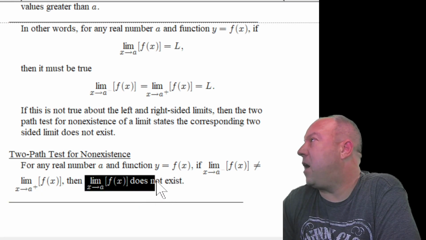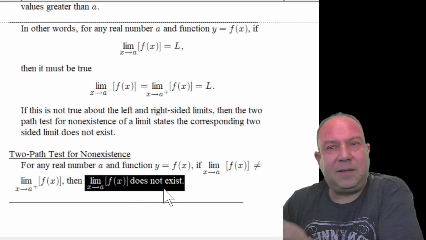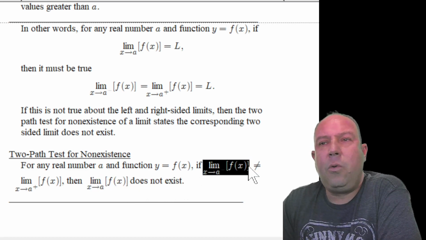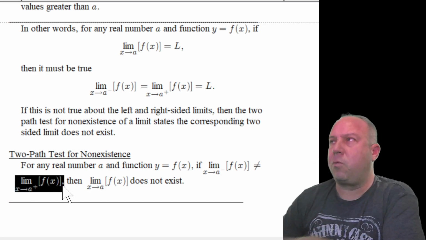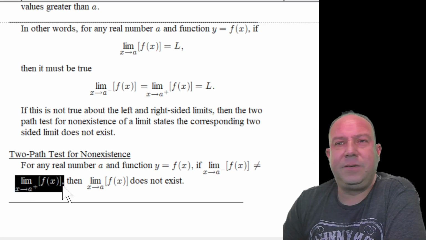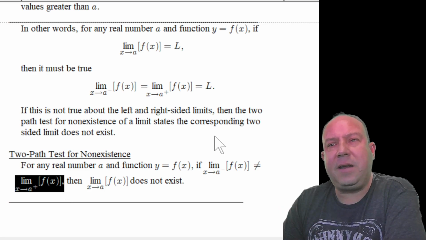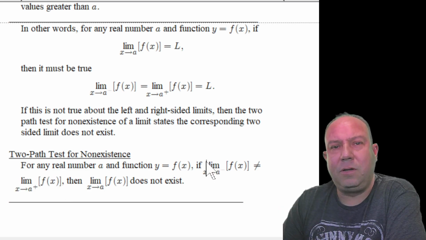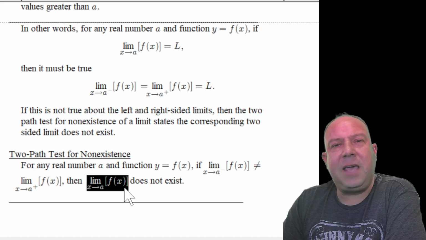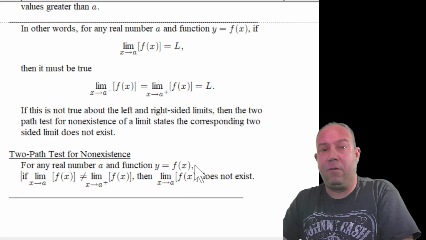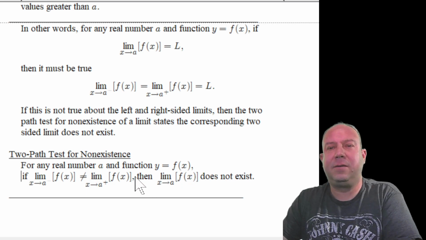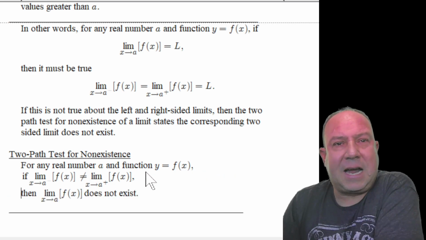When approaching a from both the left and the right-hand side, we can say a limit does not exist when the left-hand approach does not yield the result that the right-hand approach yields. If the left and right-hand approaches are not equal, then the limit from both sides must not exist.